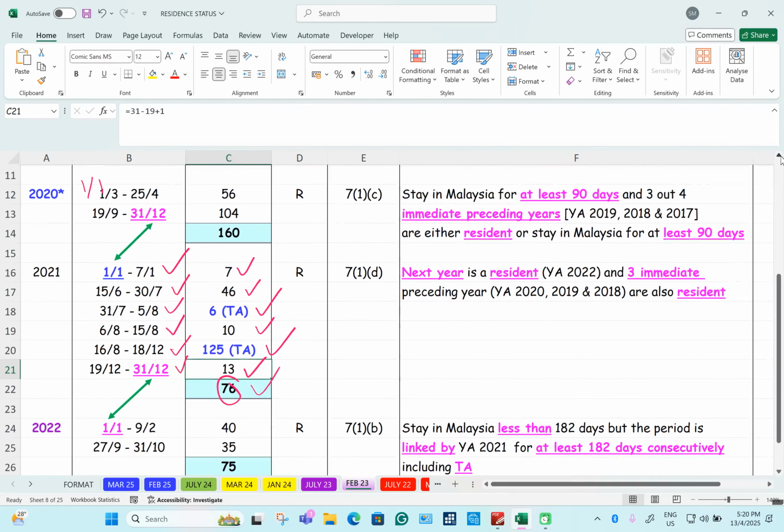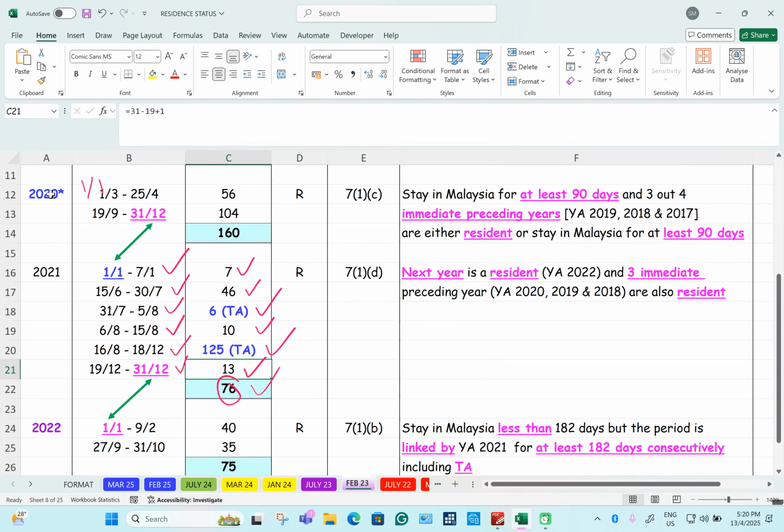Okay. Guys, get back to 2020. Just now, we were trying to use link to, isn't it? Okay. So, what is the condition for link to, everyone? Condition number 1. Before you can cross over to YA 2021, I need 1 day in December.